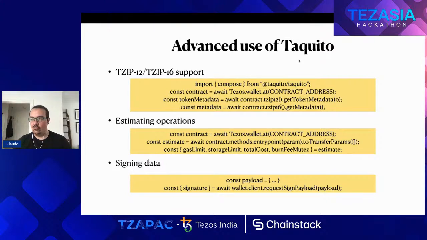In general, it includes the message that you want to get signed, but also the format and different values that are needed to sign the data. Then Taquito is going to forge the signature, and you can use the signature the way you would like.